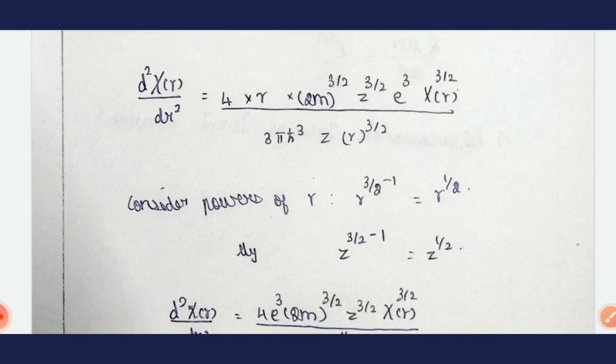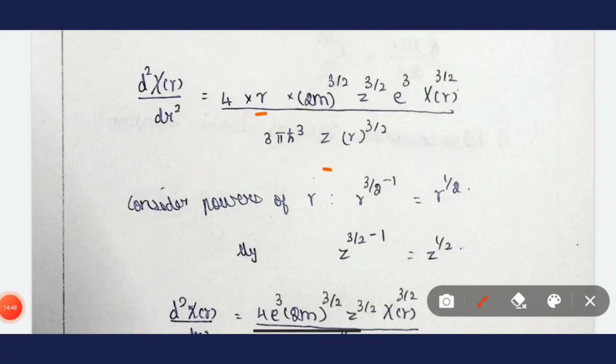The r in the denominator goes to the numerator of the right hand side, and the z, which is the numerator on the left hand side, will go to the denominator on the right hand side. On considering the powers of r, if it comes to the denominator, the power will be 3 by 2 minus 1, we get r power 1 by 2. Similarly, the power of z will be transformed to 1 by 2.